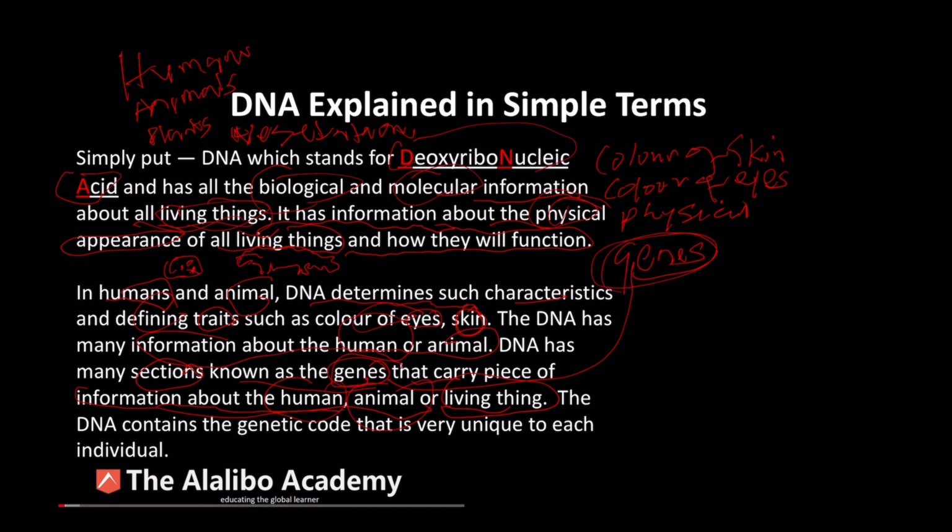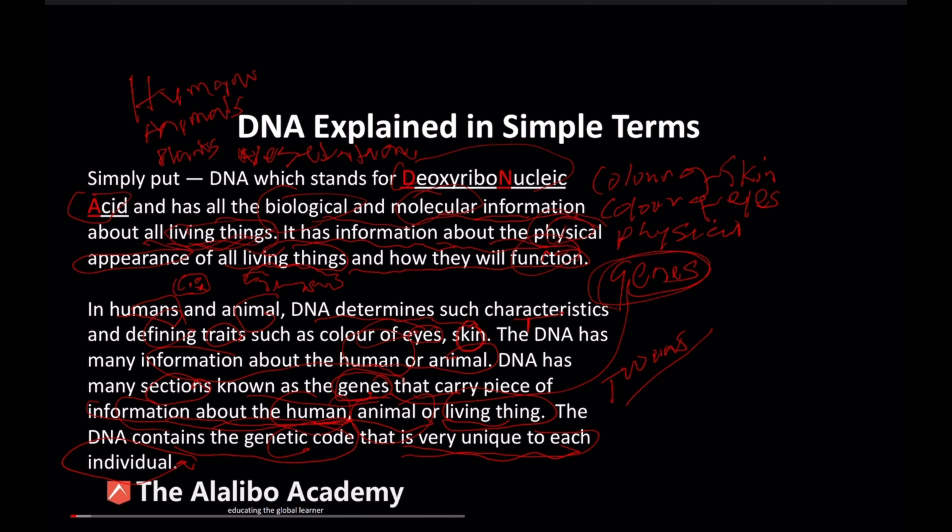The DNA contains the genetic code, and that code is very unique to each individual. The DNA is very unique to individuals and determines some of the characteristics of that individual and how they live and function. The DNA, genes, and chromosomes actually work to make us who we are as human beings.